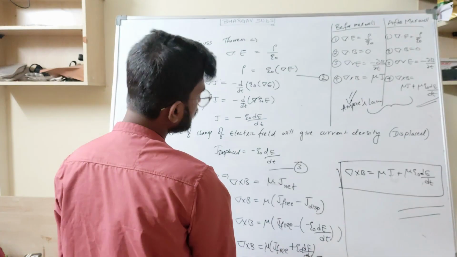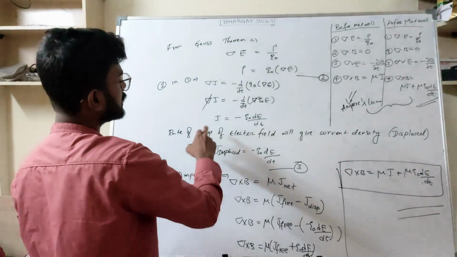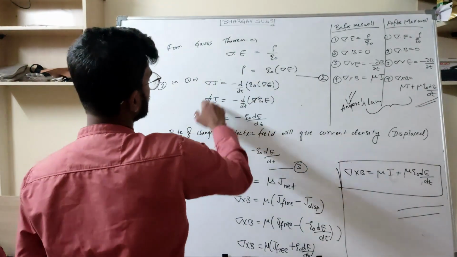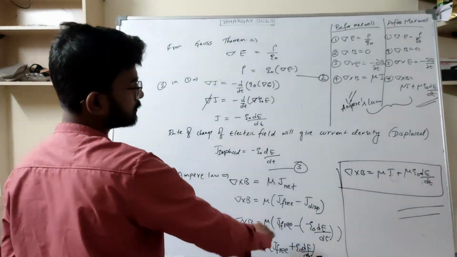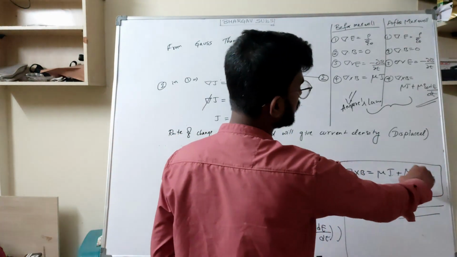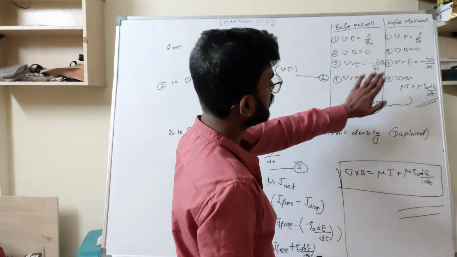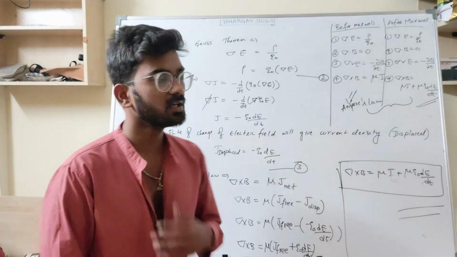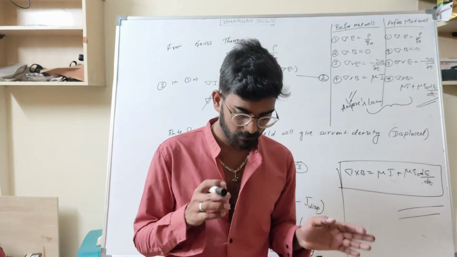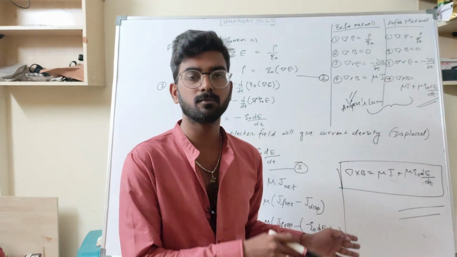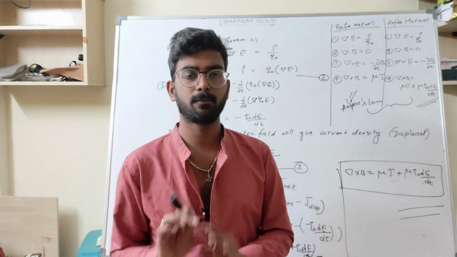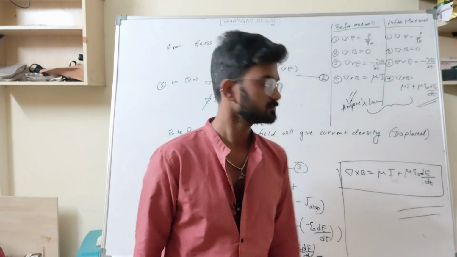Finally, curl of B is equal to mu J plus mu epsilon naught dE by dt. This was the correction made by Maxwell to Ampere's law. That's it.